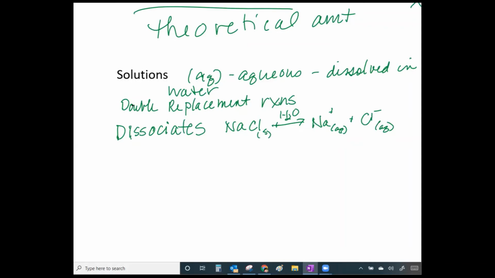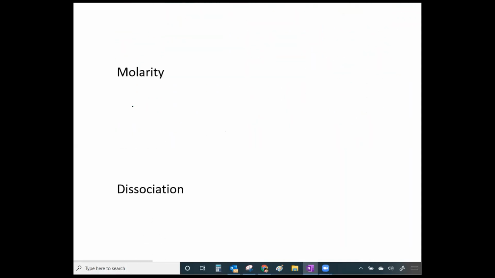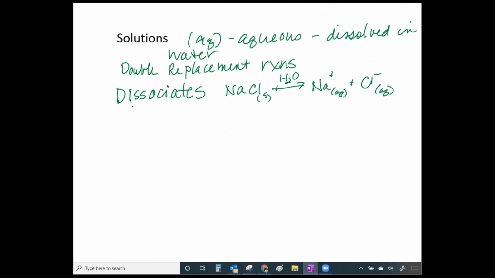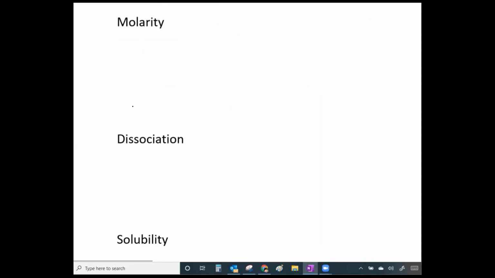Okay? So that is what we're talking about when we talk about solution. And I've got dissociation down here, so I'm just going to do it up here. And we'll do molarity next. So what did I want?